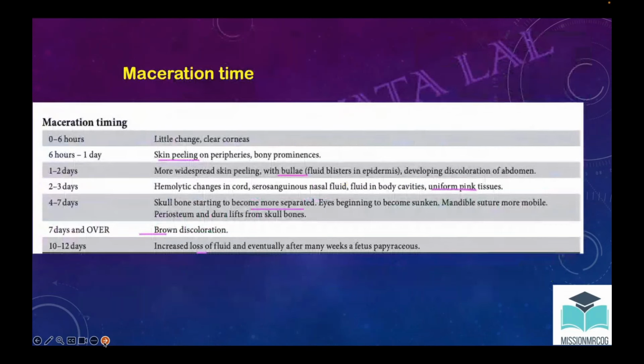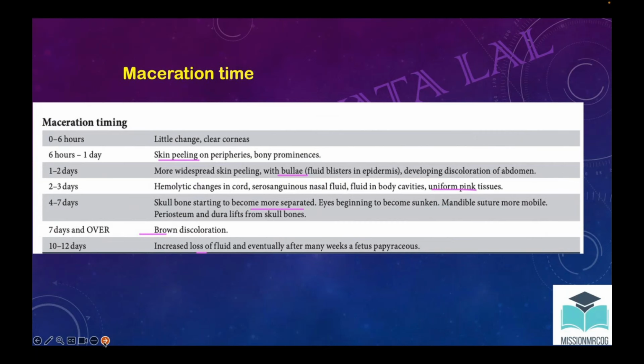Okay, now in the new guideline, they have given the maceration time also. So I don't know, few things you should know because they can ask you a question. So up to 6 hours post death, there would be little change. 6 hours to 1 day, skin can peel. Peeling of skin could be there. 1 to 2 days, skin peeling and the bulla formation could be there. 2 to 3 days there could be hemolytic changes.